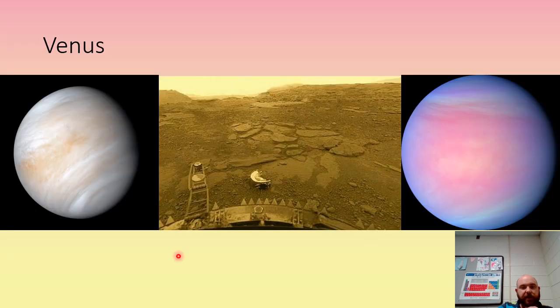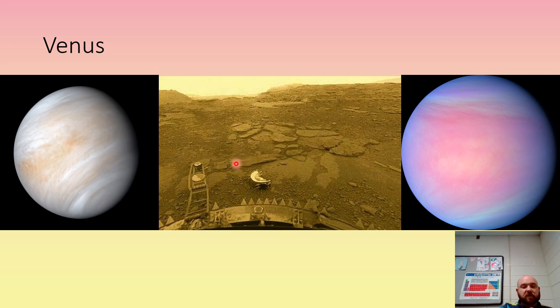Here we have Venus. Again, we have a more original telescope image on the left side, and on the right side, we have a real pretty, color adjusted image, if you will. And this image in the middle, really, really spectacular. This is a composite image from a Russian probe that was sent to Venus in 1988. So this is a picture from the surface of Venus. Really astounding stuff.